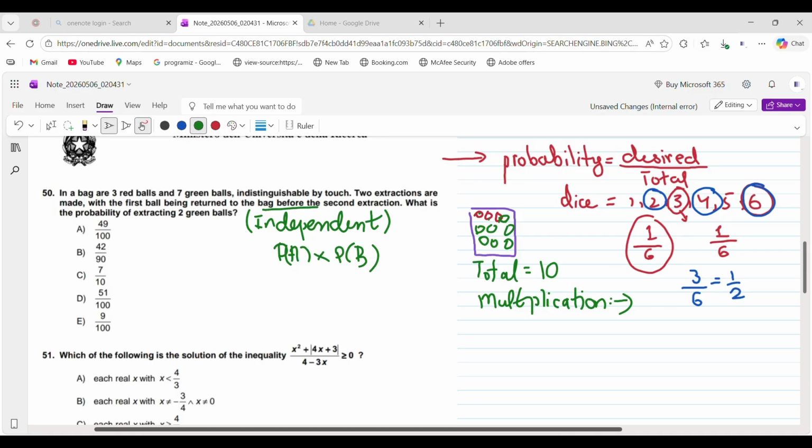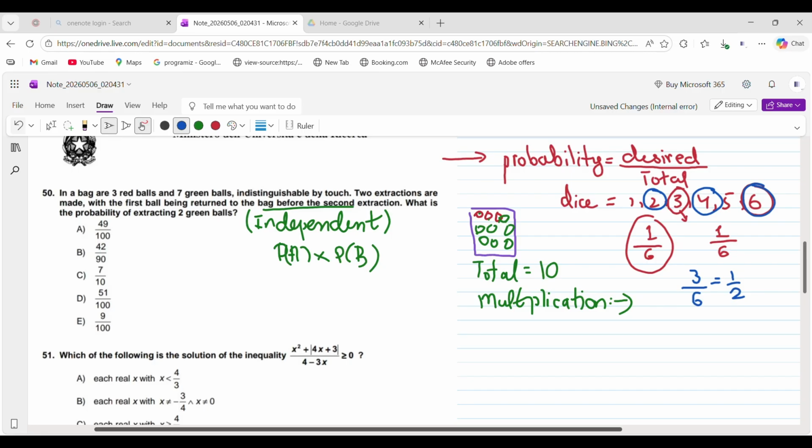They aren't affected by each other because you are putting back the ball that you have already picked up. So your second event is not affected by the first one, or your first event is not affected by the second one, of course. So it's independent, and for finding the probability of independent events, you have the formula: probability of A into probability of B.